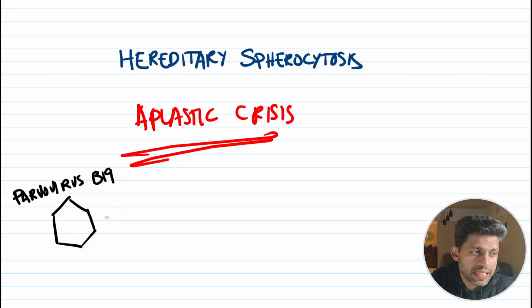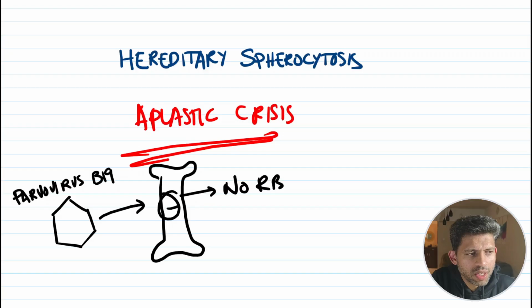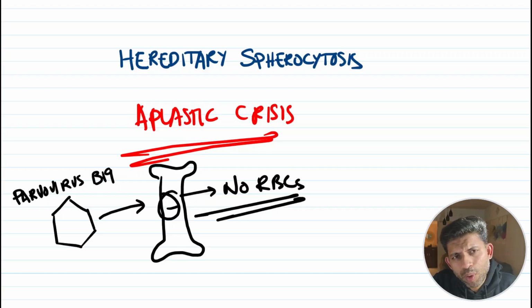Parvovirus B19 infection can inhibit erythropoiesis within the bone marrow. So in this situation, no new RBCs are formed for about 2 weeks, which is the approximate time which the body takes to recover from a parvovirus B19 infection.